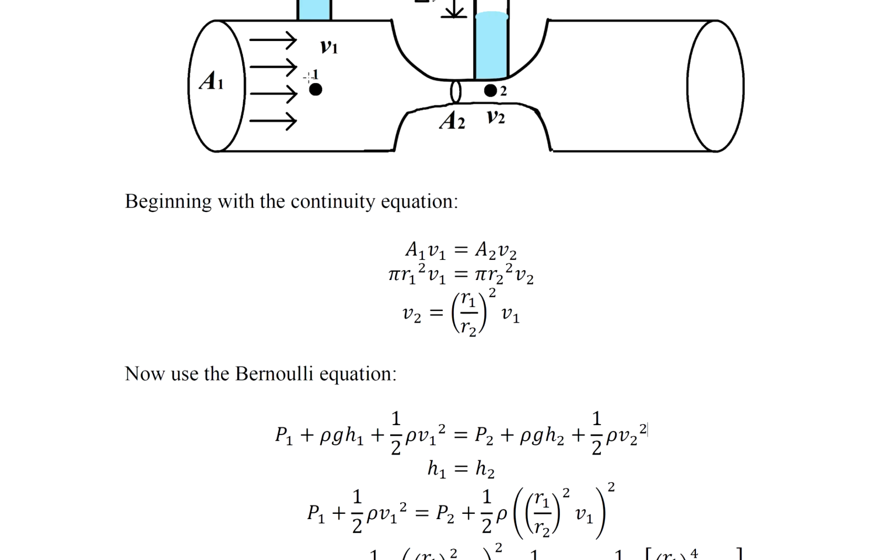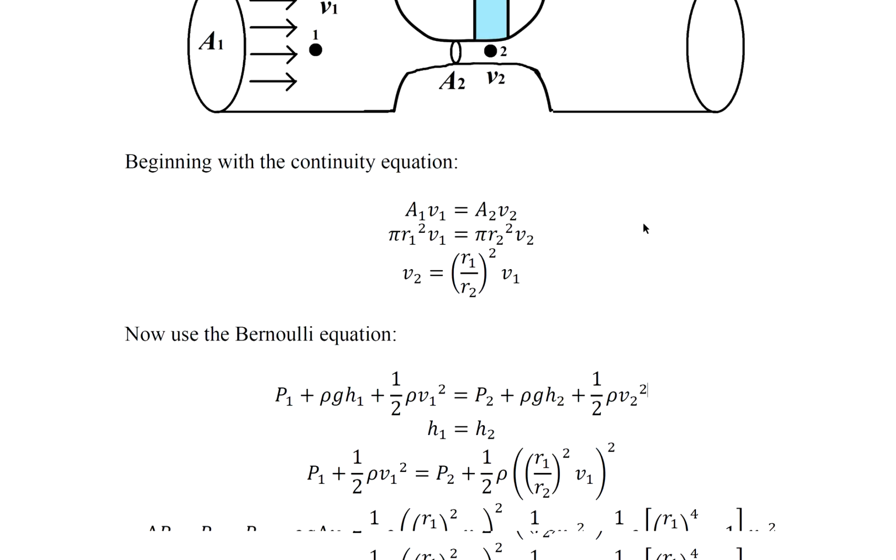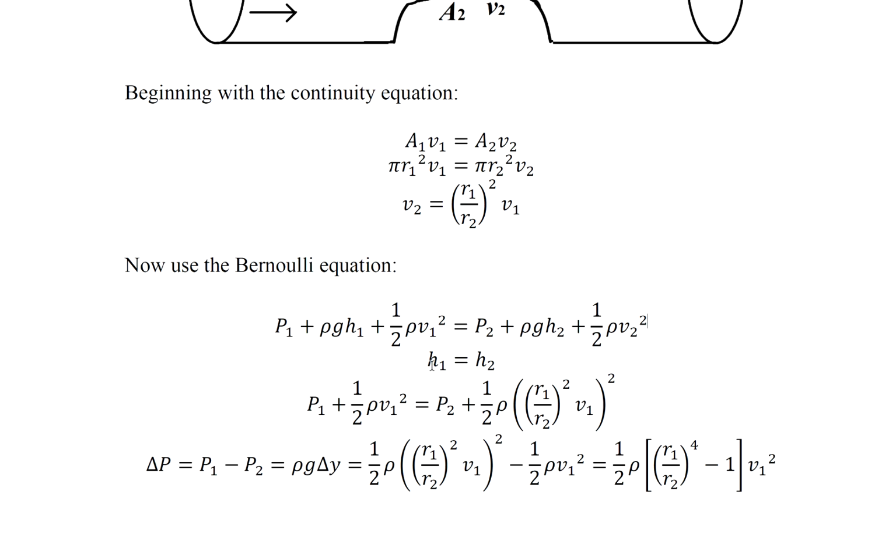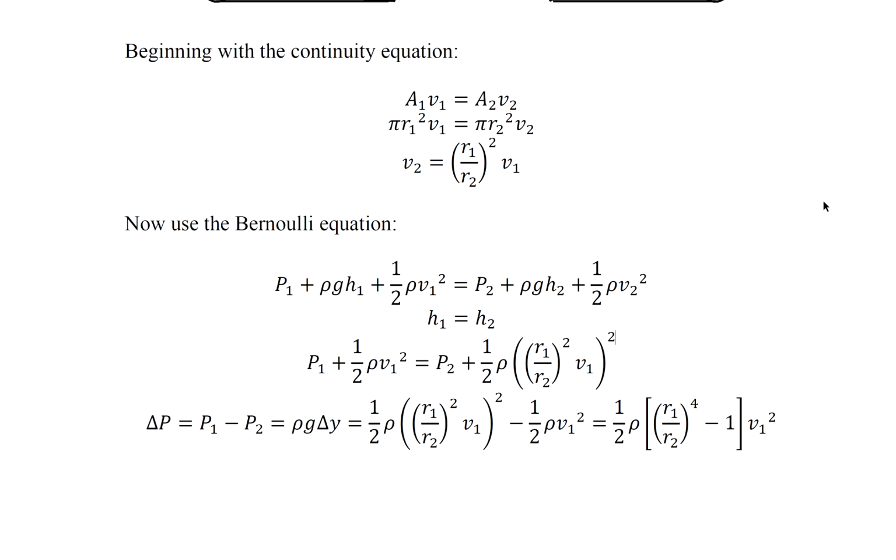We'll say the height at H1 is equal to the height at H2. So rho g H1 goes away. And we're going to substitute this here. And now we're just going to solve for P1 minus P2.